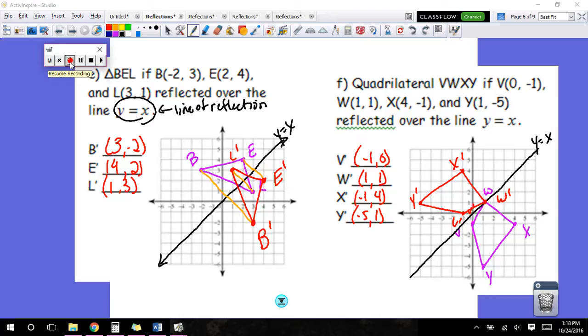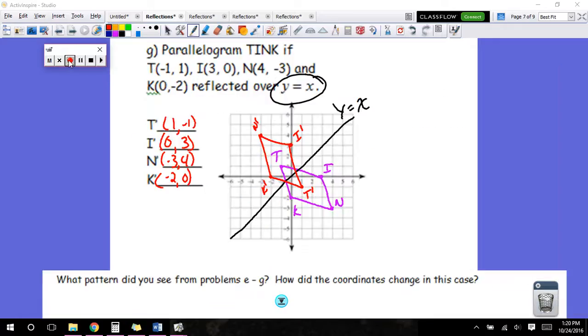Okay, take a second to check F. Are there any questions with F? Okay, here's G. Please check it with what you have.